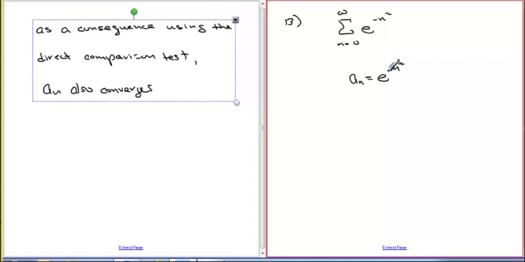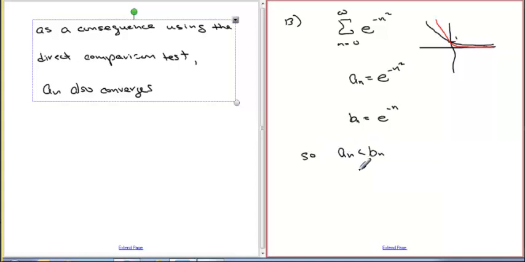So if we let b sub n equal e to the minus n, if you remember, this function e to the minus n looks like this, goes through 1, and e to the minus n squared would actually be even steeper, and it would go like this, and it would always be less than. So a sub n is always less than b sub n.